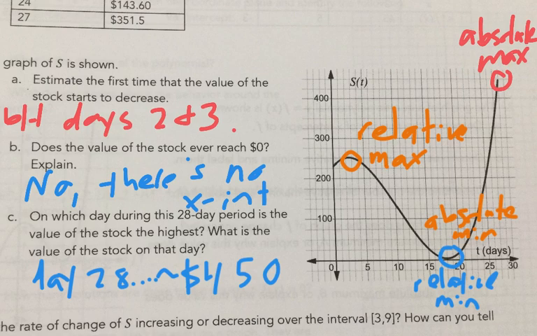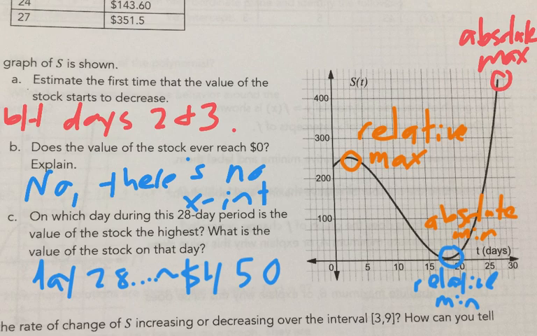Are there any other interesting points that you guys notice on the graph that we've talked about previously? If I go from a relative max to a relative min, yes, there's an inflection point between there because the graph had to switch from concave down to concave up.